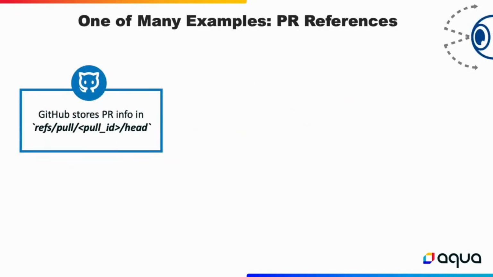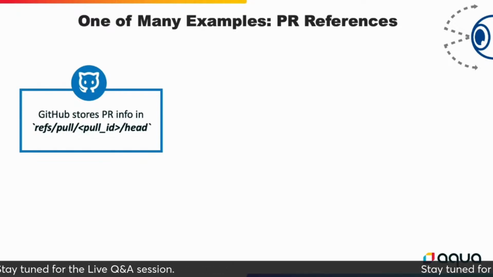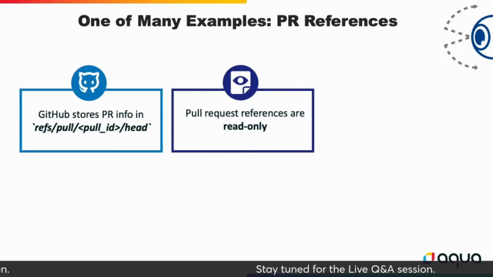So let me give you one example of things that we found that will not be scanned with the regular git clone command: pull requests. Pull requests on GitHub are stored as references in the format of refs/pull. They are read-only and you cannot delete them without GitHub support.